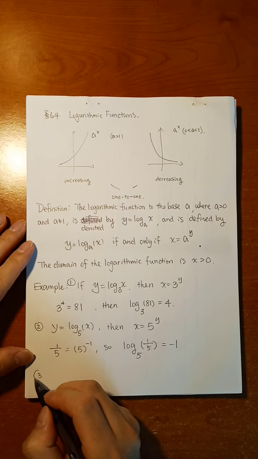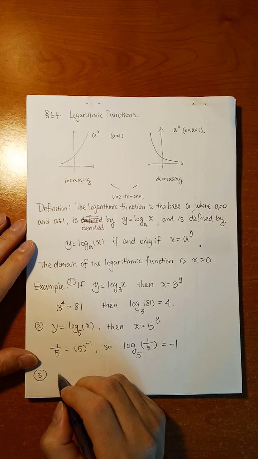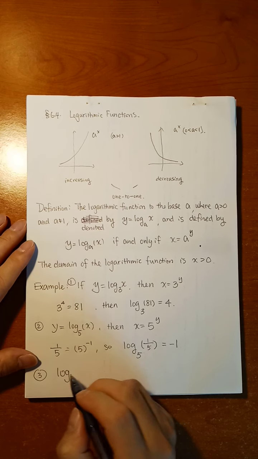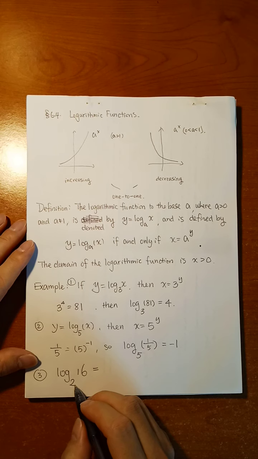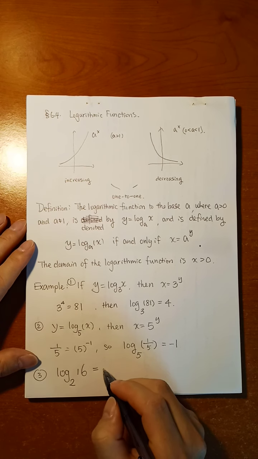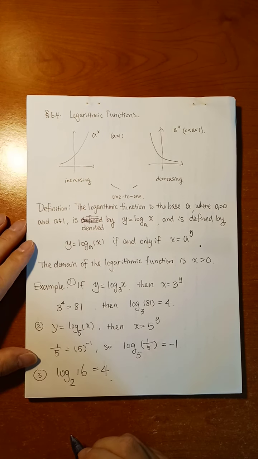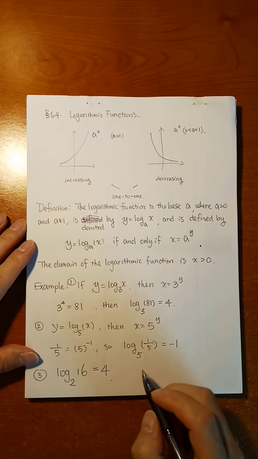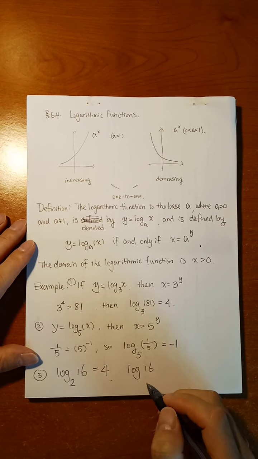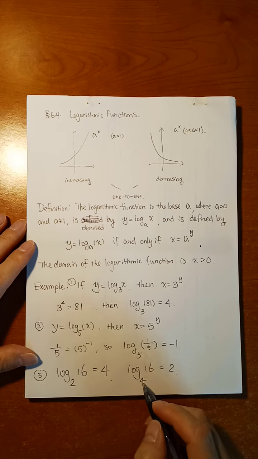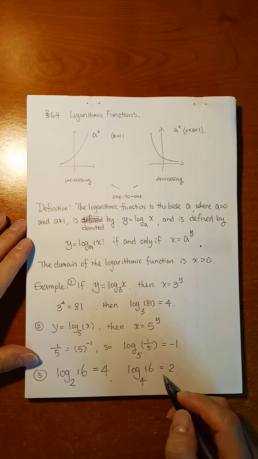Also, for example, if we have log base 2 of 16, we know that 2 to the 4 is 16, so the value is 4. And the logarithm of 16 to the base 4 is equal to 2, because 4 squared is 16, right?